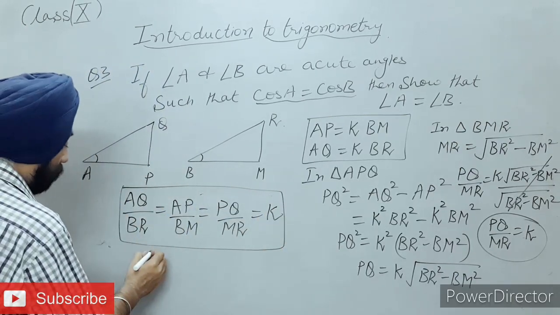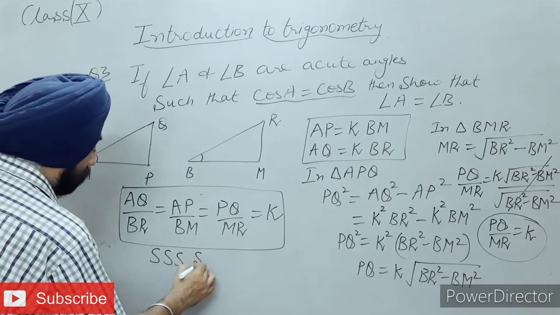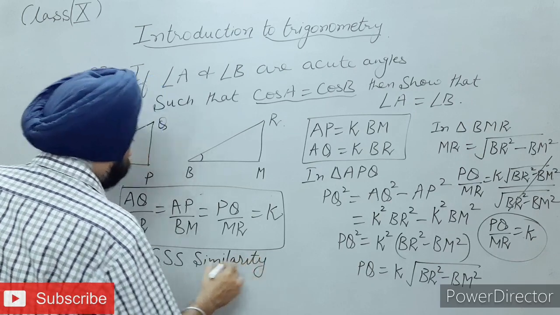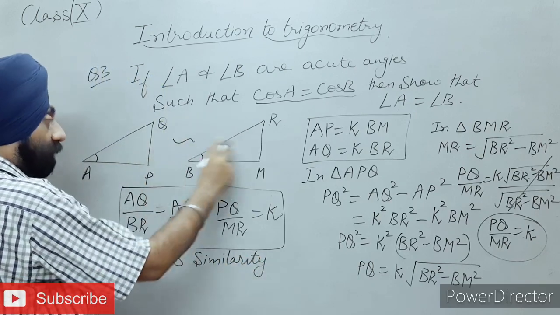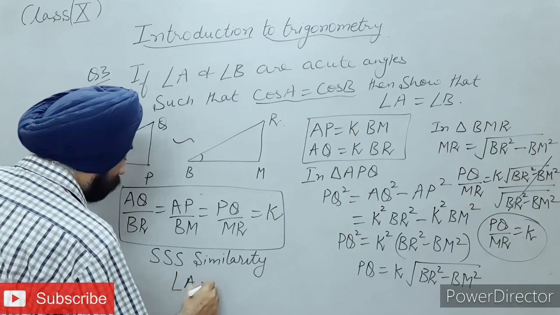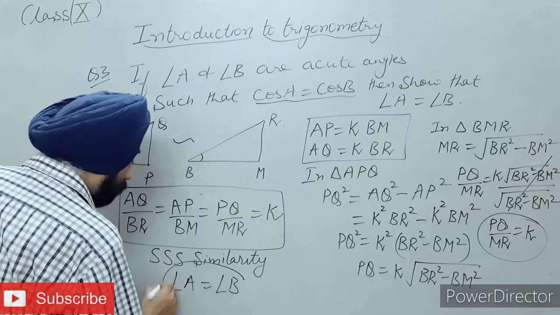Therefore, by SSS similarity, the triangles are similar. If they are similar, then angle A is equal to angle B.